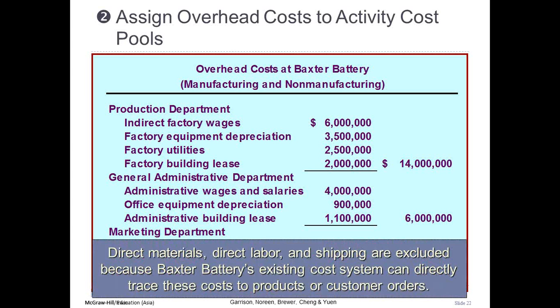Direct materials, direct labor, and shipping are excluded because Baxter's existing cost system can directly trace these costs to products or other customer orders.